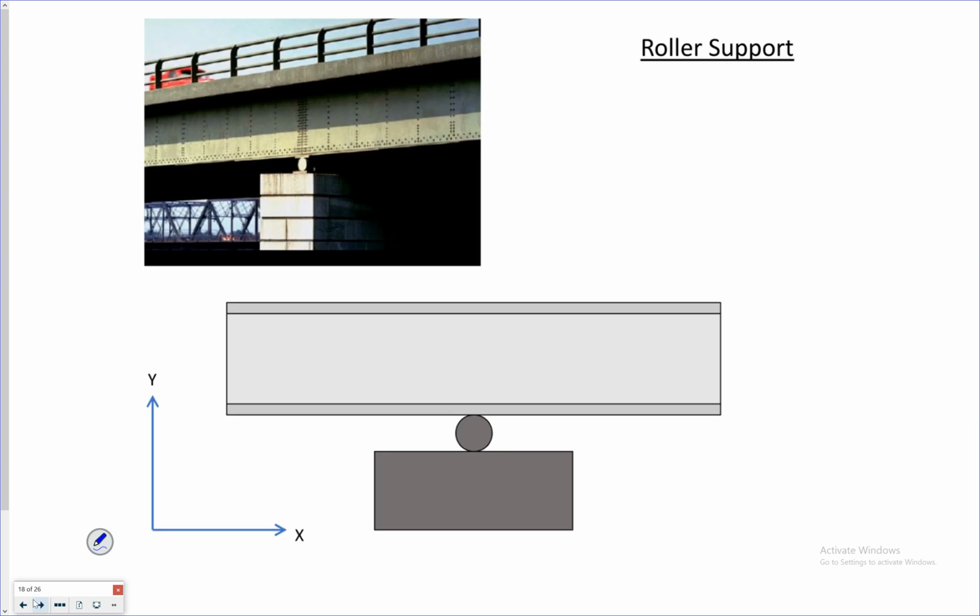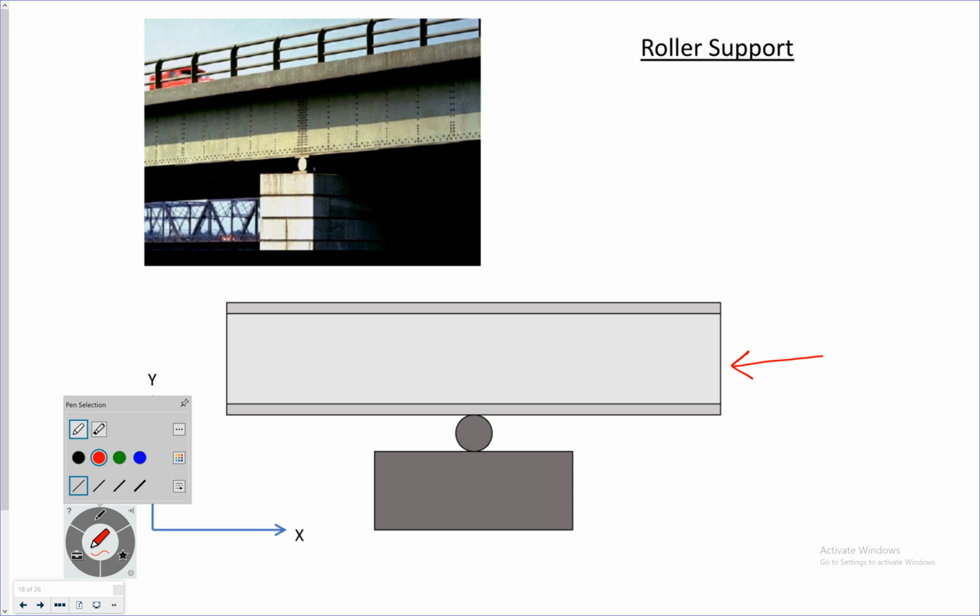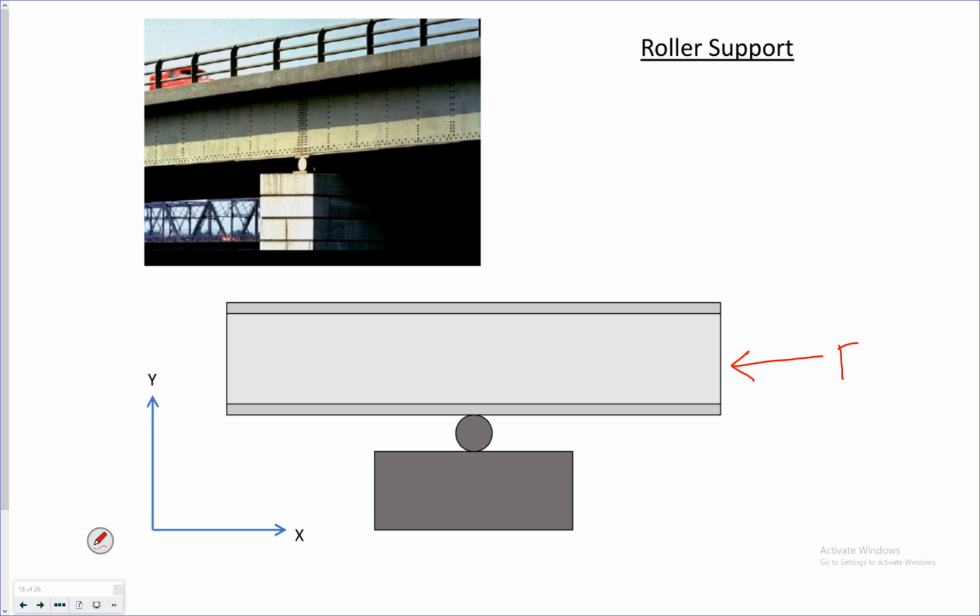So let's look at one of the simplest supports. This is a roller support. Let's say I apply a force in the x direction, say Px. What happens to this beam? Well, it deflects in the x direction. In all of these, I'm using x and y.